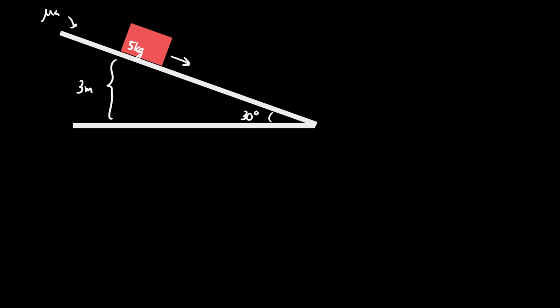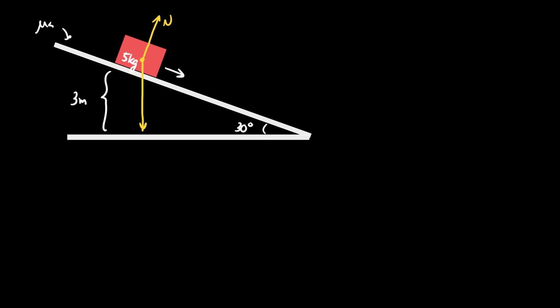I want to find out how much work is done by gravity. Because if we look at all the forces acting on the box, there are only 2. There's gravity, which acts straight down, and there's normal force, which acts perpendicular to the ramp. Everybody follow along with that? All right, we've done this problem before.